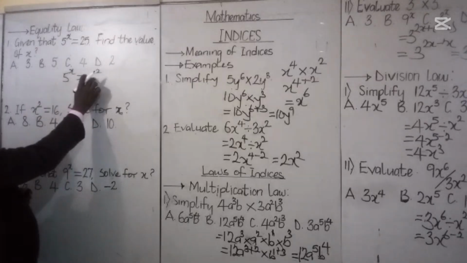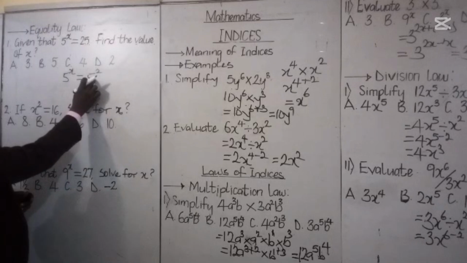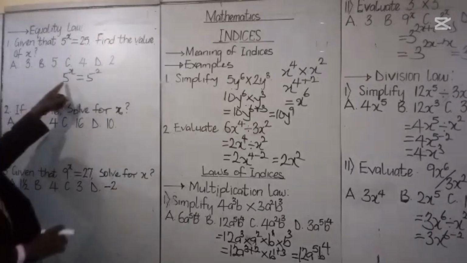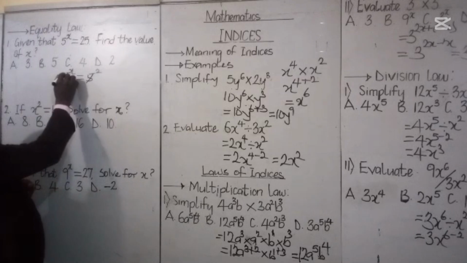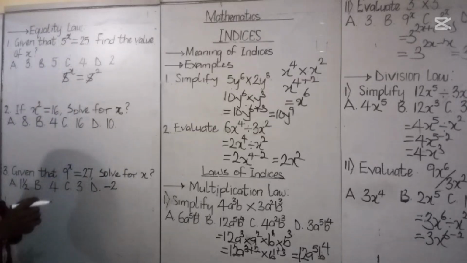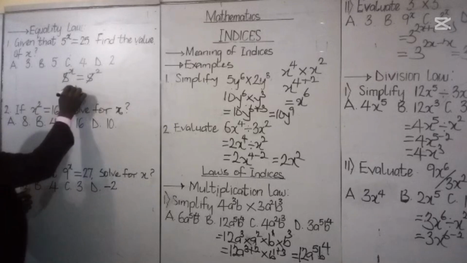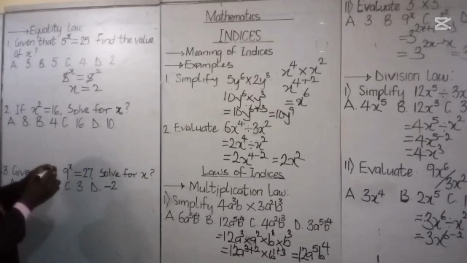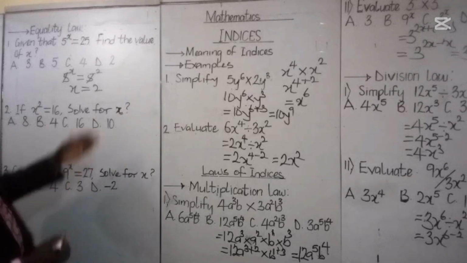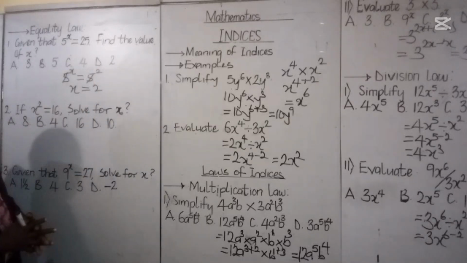The reason is because 5 times 5, that is 5 raised to power 2, is 25. So the base that is formed from here can cancel out each other. That is what equality law says. So the final answer now is going to be x is equal to 2, which is option D. The most appropriate option here is option D. I believe it's very clear to everybody.